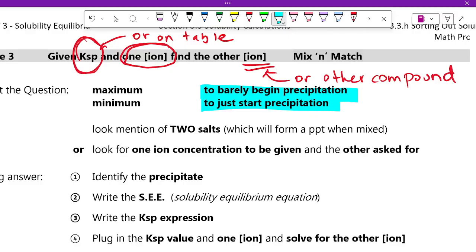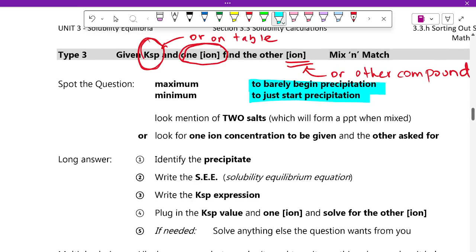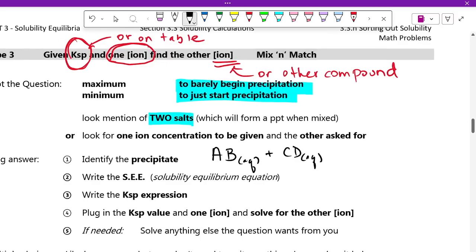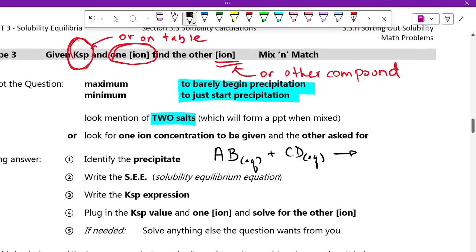Okay, and we're going to have 2 different salts. So we're going to have AB aqueous plus CD aqueous giving AD, let's say AD is the solid, and CB is aqueous.